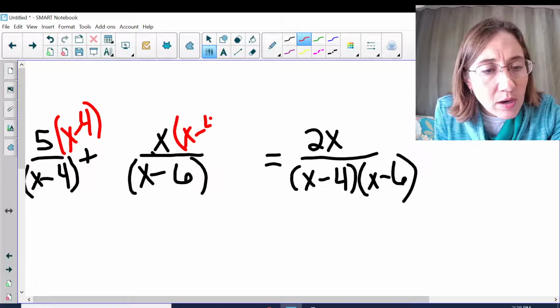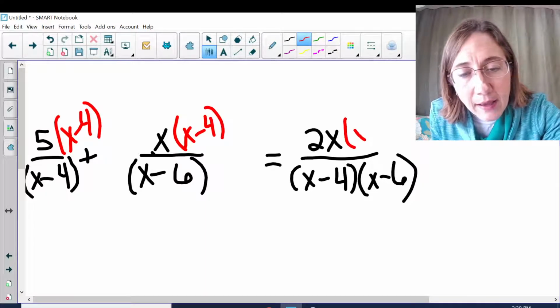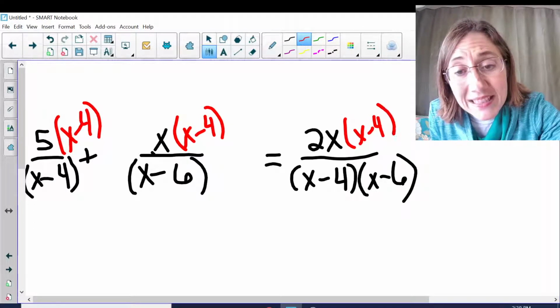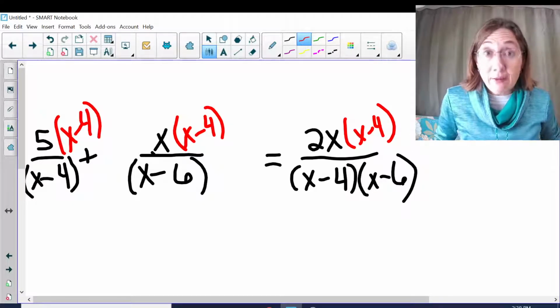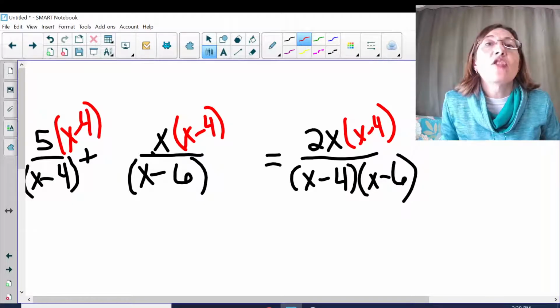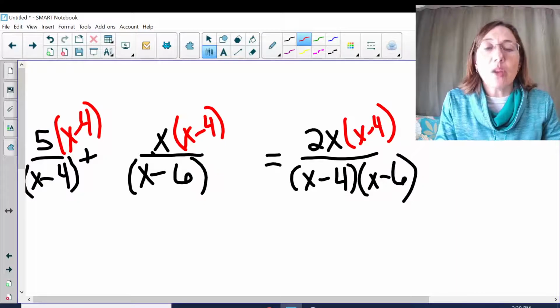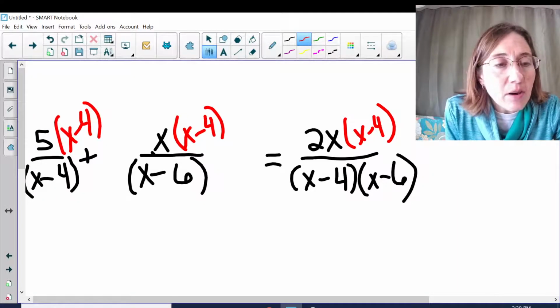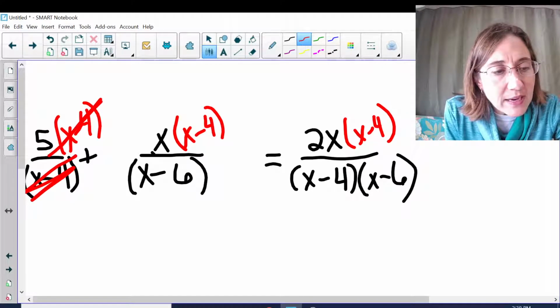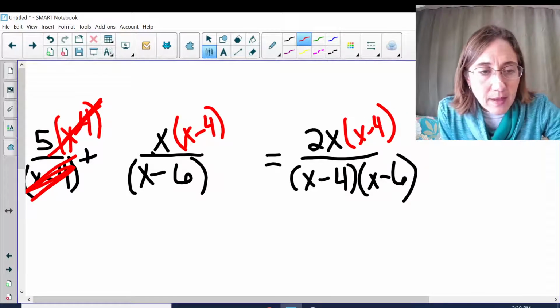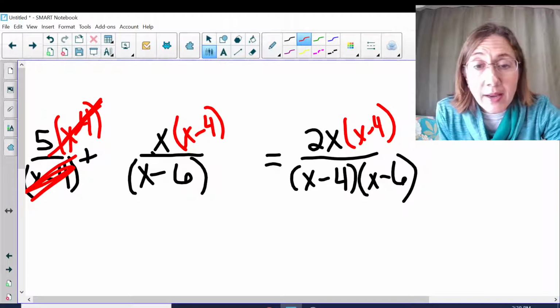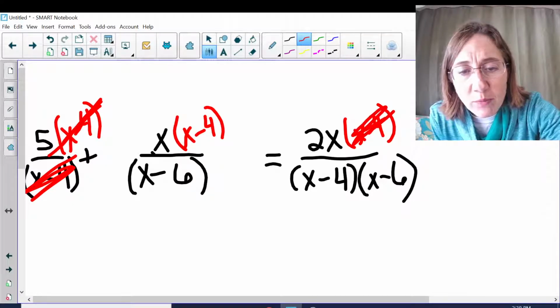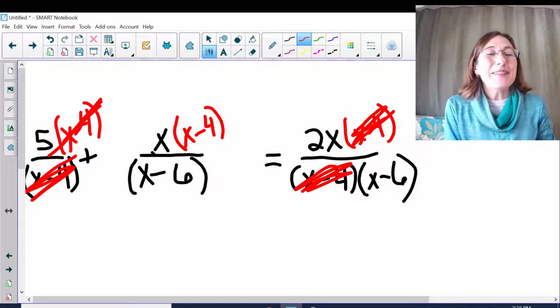You can see in red me being fair to all of the fractions. That is important when you're working with equations. Now I can look for canceling, and that's the good part. Those x minus 4's cancel. Nothing cancels on the middle one, but on the last one, the x minus 4's cancel.